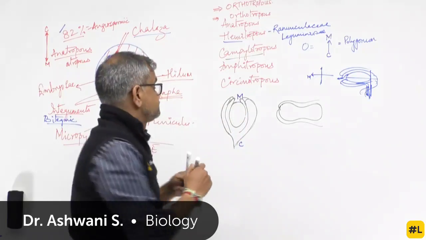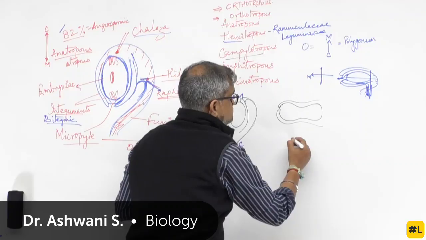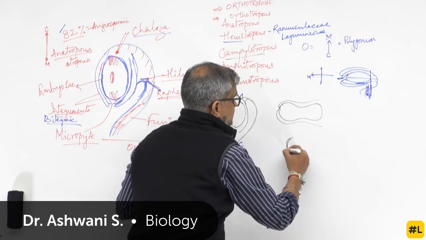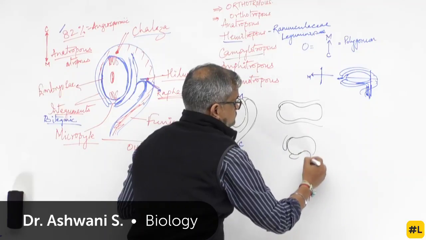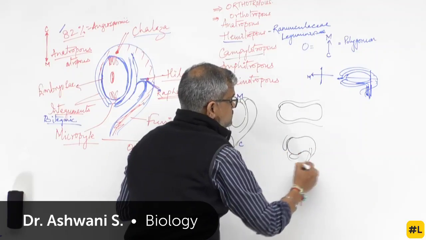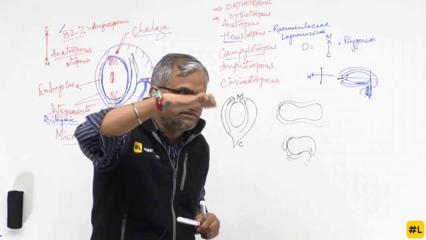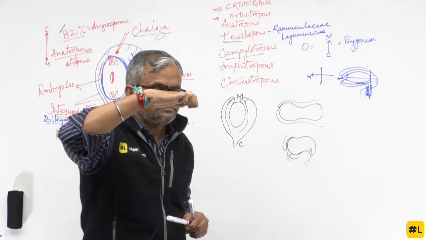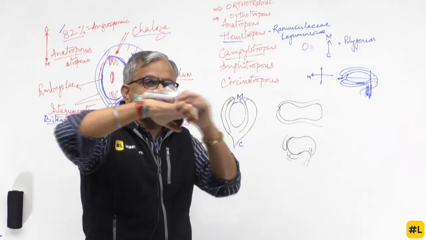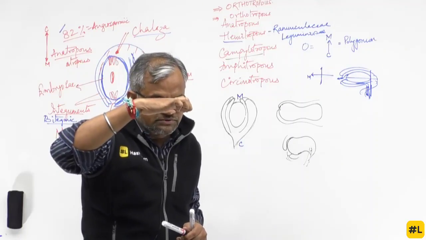Something very interesting. If I say this is micropyle, almost they lie very close to each other, a curved shape structure. When I say this, it's a curved shape structure, it is Campylotropous.